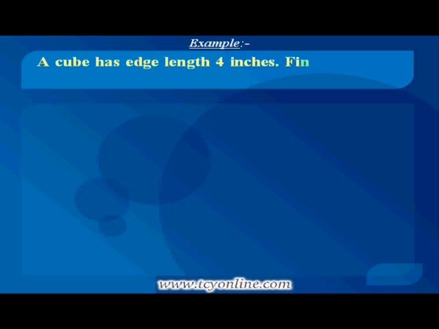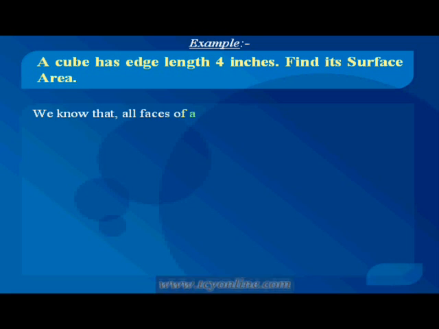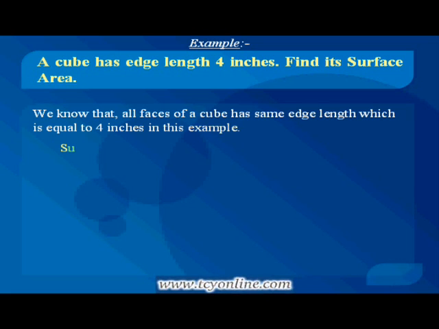The following example would be useful for better understandability. The edge length of a cube is known to be 4 inches and we need to calculate the surface area. We know that the surface area of a cube is calculated by using the formula 6a square, where a is the edge length.